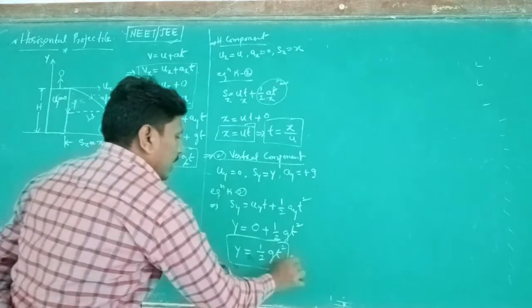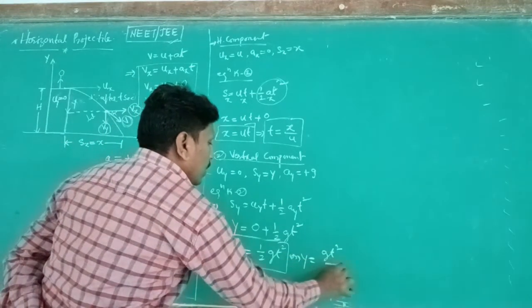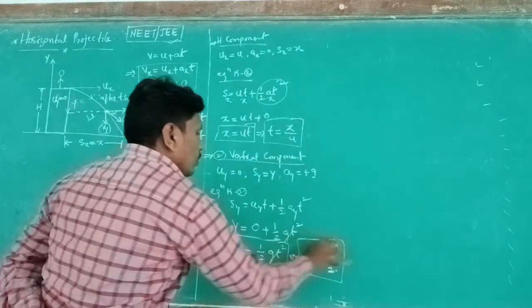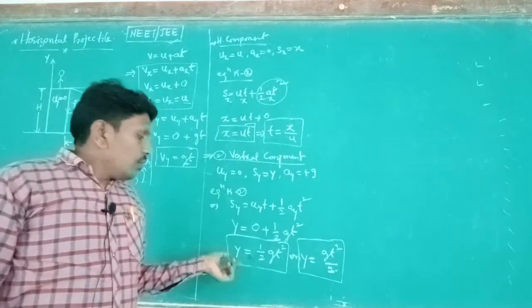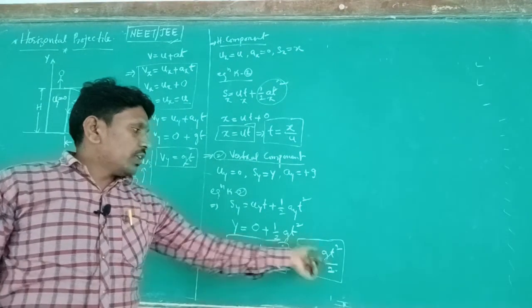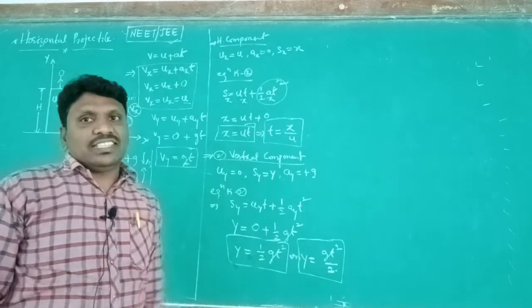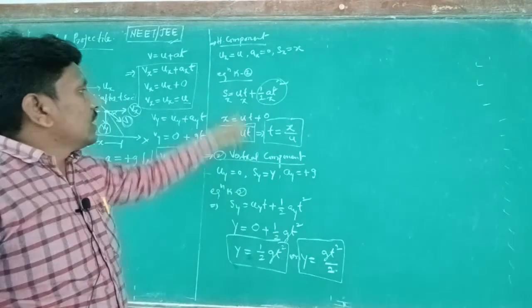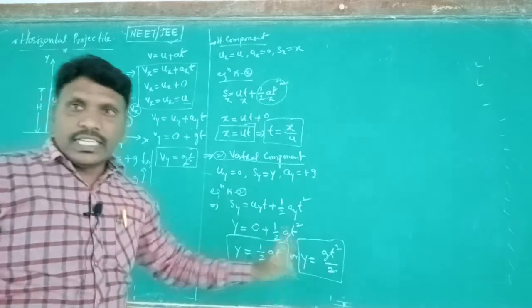Otherwise, you can write y is equal to gt square by 2. What is this? This is the vertical component, and the earlier one is the horizontal component, or horizontal distance and vertical distance.